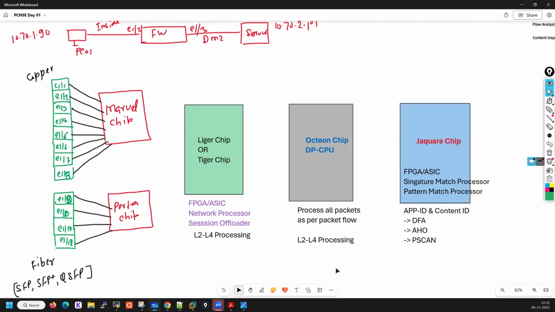Okay, so this is how the chip looks inside your Palo Alto firewall, guys.